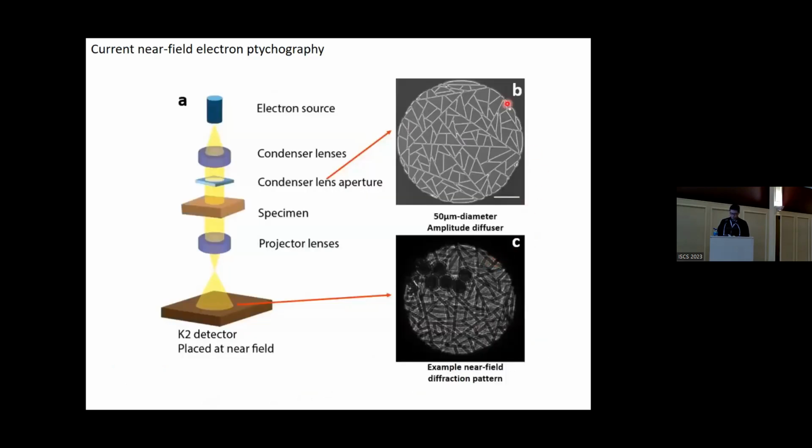And finally, we can also expand our configuration to fit Lorentz TEM, where the objective lens is turned off to preserve the intrinsic magnetic feature of the sample, if there are any.